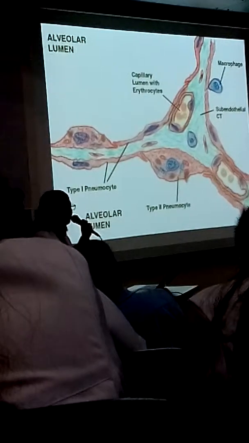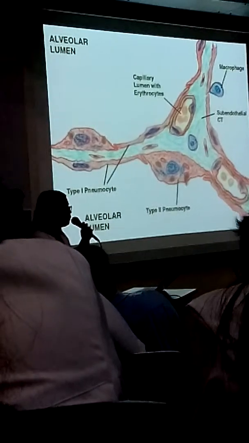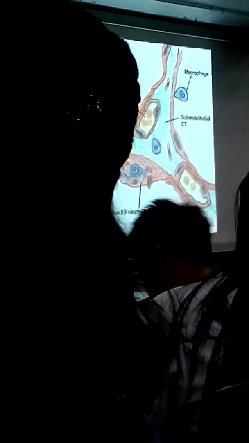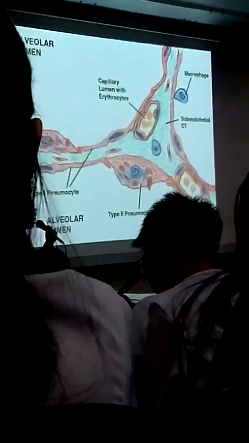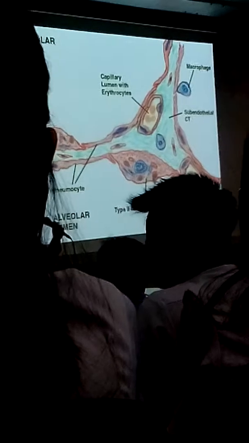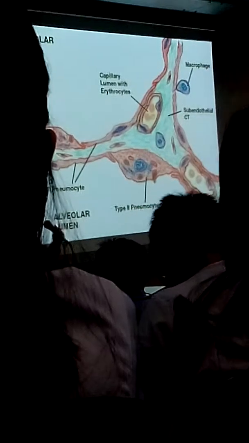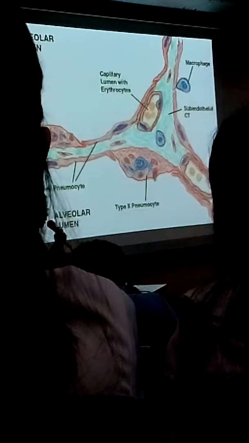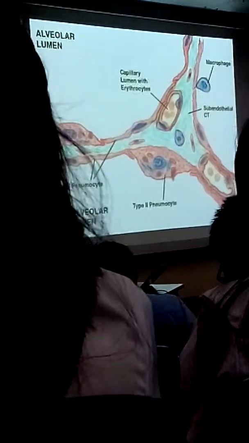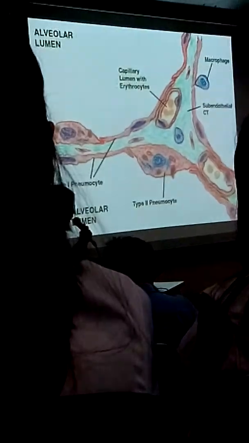So these type 2 pneumatocytes increase in number during alveolar inflammation, disease, or injury, such as in acute respiratory distress syndrome. So it serves as a marker of injury to the alveoli.